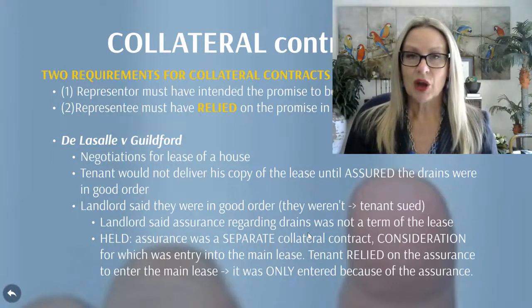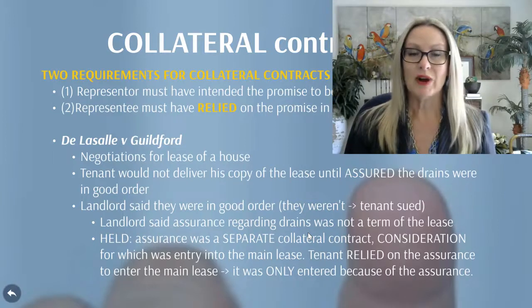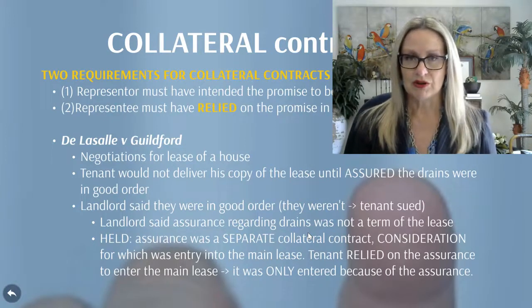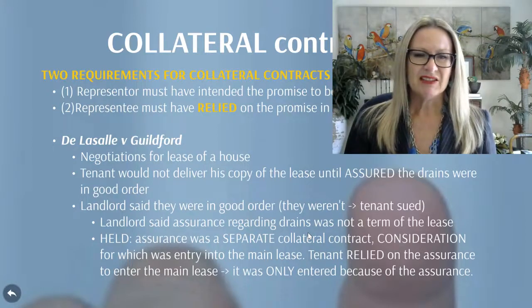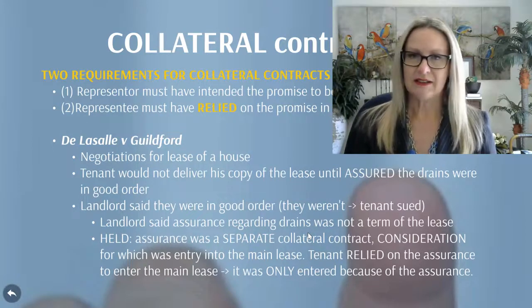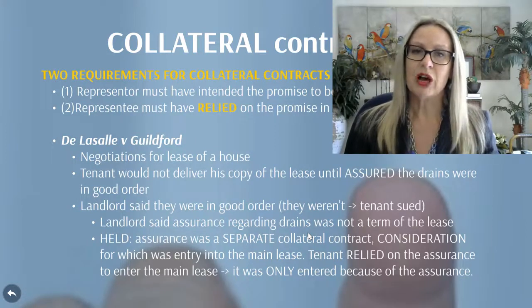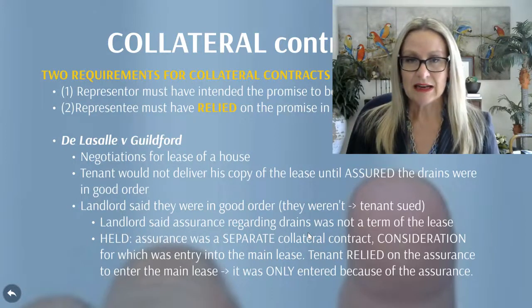And the only reason why the tenant actually went ahead and bound themselves to the main contract was because of that verbal assurance. Like I said, not rocket science, but there we go. The label collateral contract gets applied to that term that gets enforced.